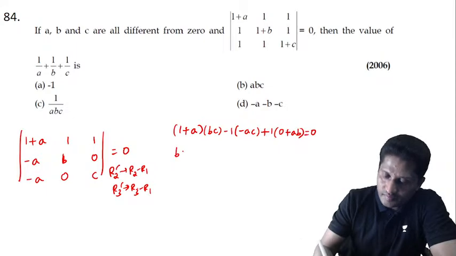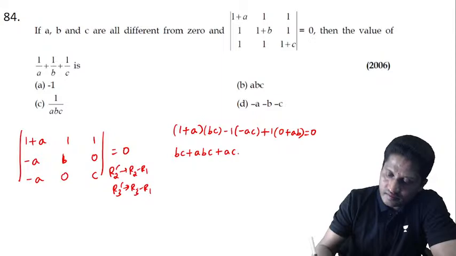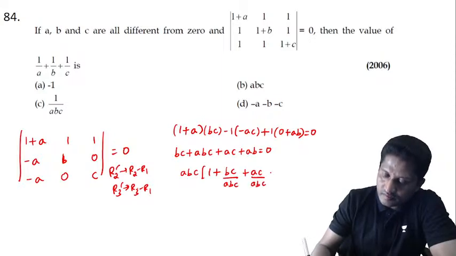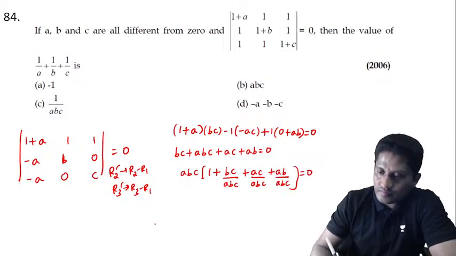Okay, so this is equal to BC plus ABC plus AC plus AB is equal to 0. ABC, if I take common, this will be equal to 1 plus BC by ABC plus AC by ABC plus AB by ABC is equal to 0.